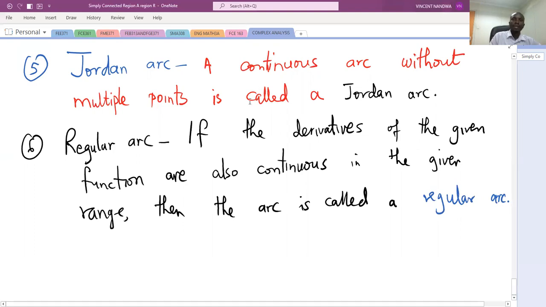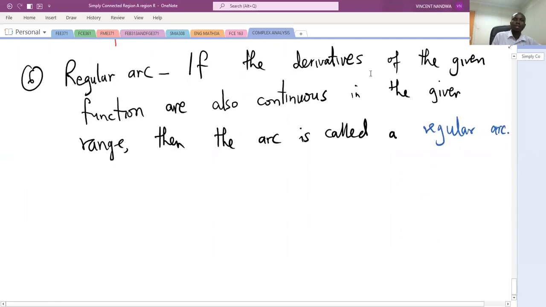So if the derivatives of the given function are also continuous, then we call that arc a regular arc.